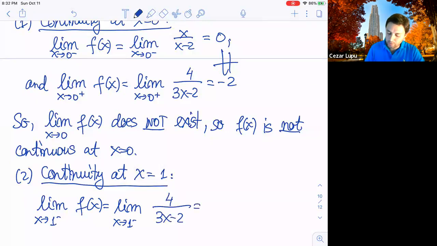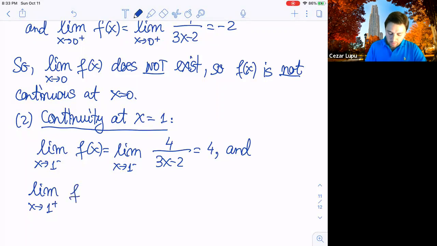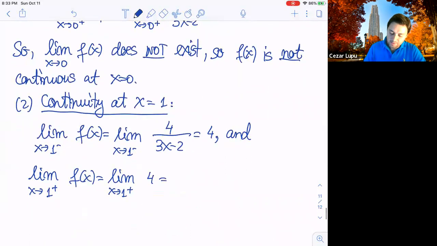Now if we plug in the value, this will give us 4. Now we're going to take the limit as x approaches 1 from the right of f of x. This time it is also 4.